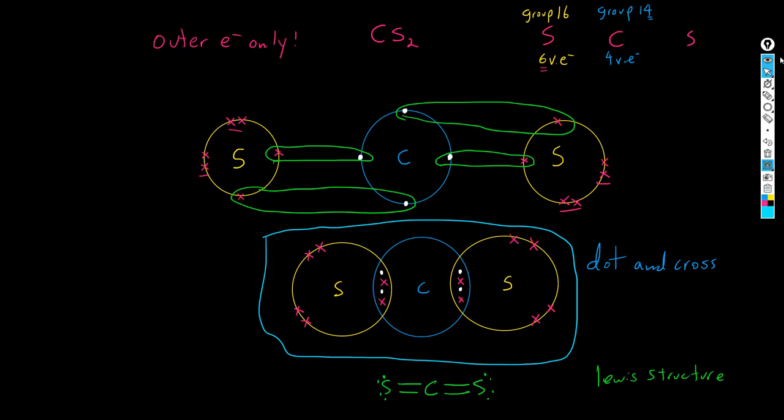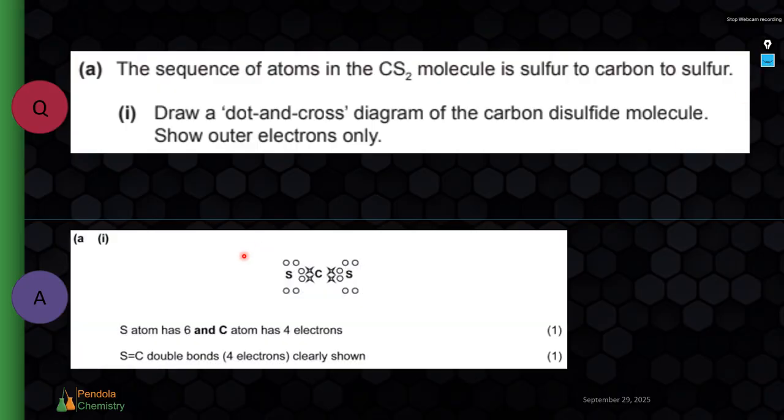So let's go back and see how that compares to our answer. If we look at the mark scheme here, you see we have the same basic structure where we have 2 lone pairs on the sulfurs, and they chose to use circles for sulfurs and X's for the carbon. So we have 2 lone pairs for the sulfurs that only belong to the sulfur, with 4 electrons between carbon and sulfur being shared.